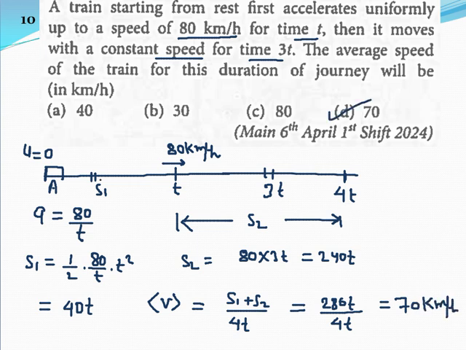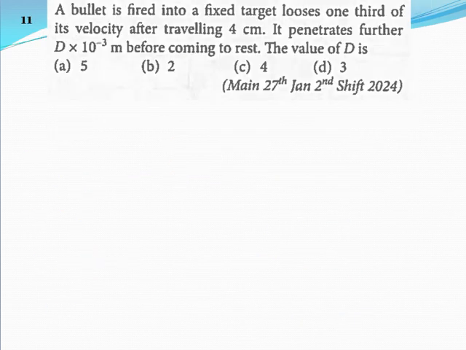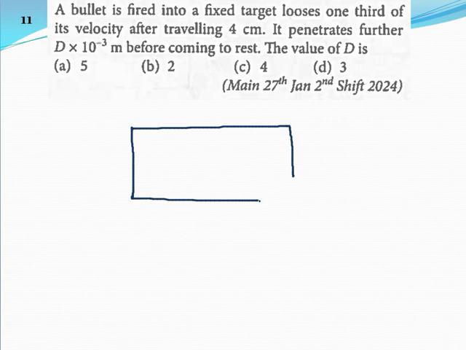Option number D. Come to the question number 11. A bullet is fired into a fixed target. It loses one third of its velocity after traveling 4 centimeters. Suppose this is a target and a bullet enters here with speed u, and after traveling 4 centimeter, it loses one third of its velocity.